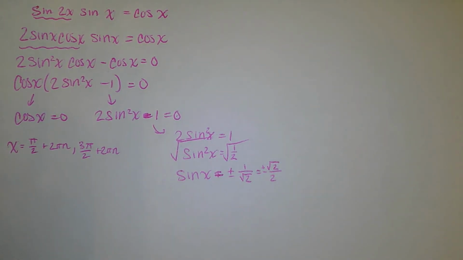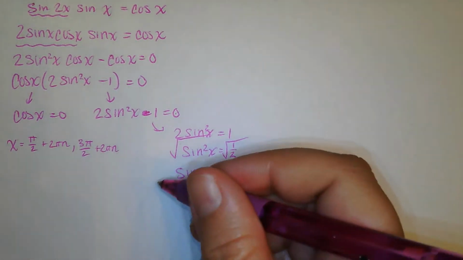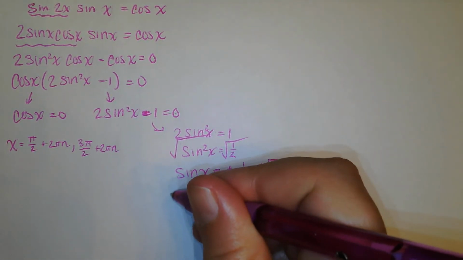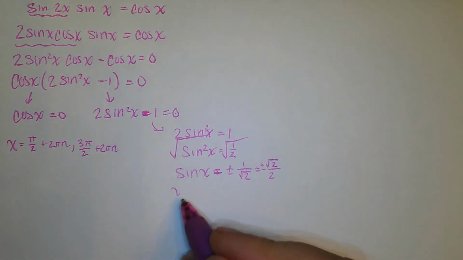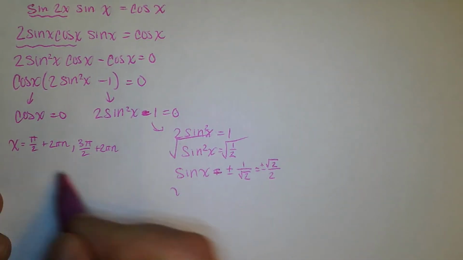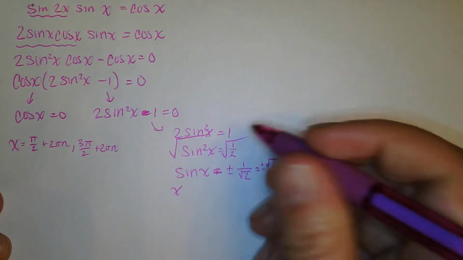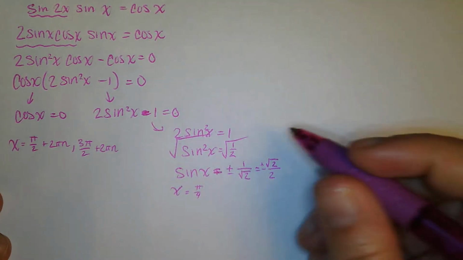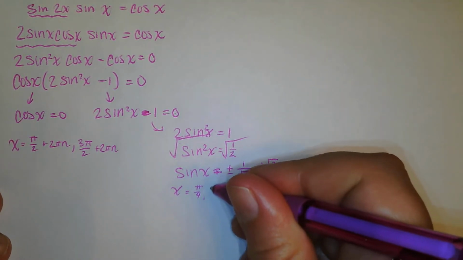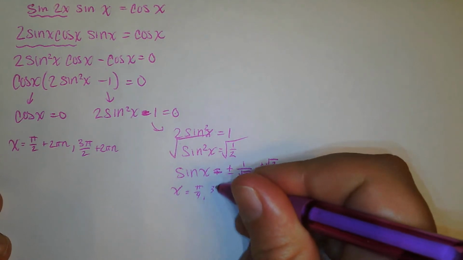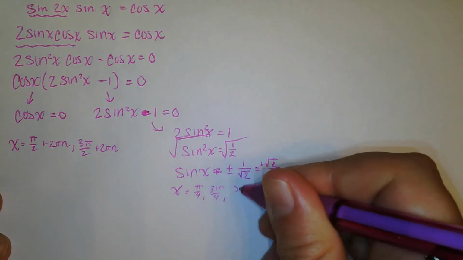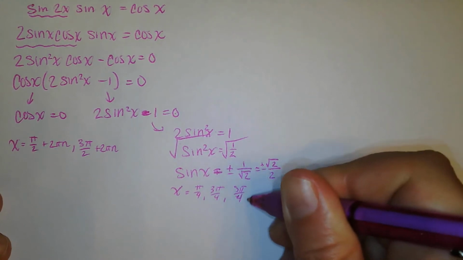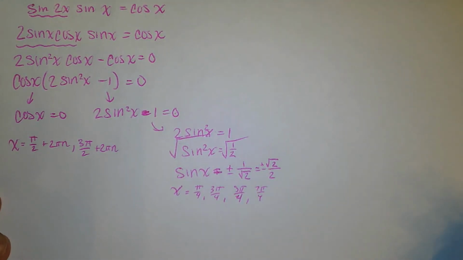And that is all of the 45-degree angles around the unit circle. So that's going to occur at, and I'll just put all of those values over here. I'll do all the initial values. So that would be pi over 4 in the first quadrant, 3 pi over 4 in the second quadrant, 5 pi over 4 in the third quadrant, and 7 pi over 4 in the fourth quadrant.